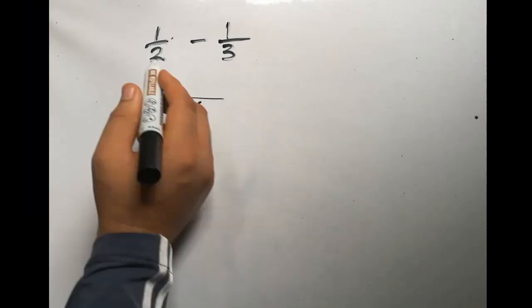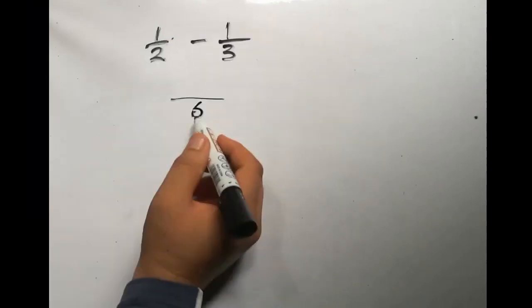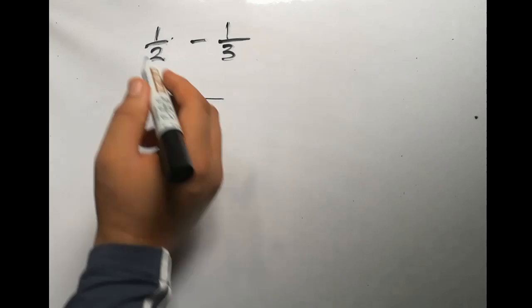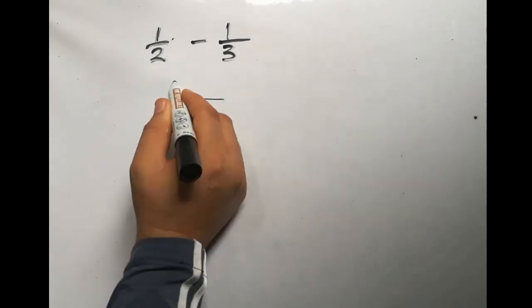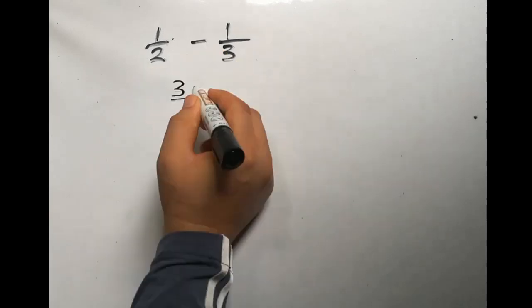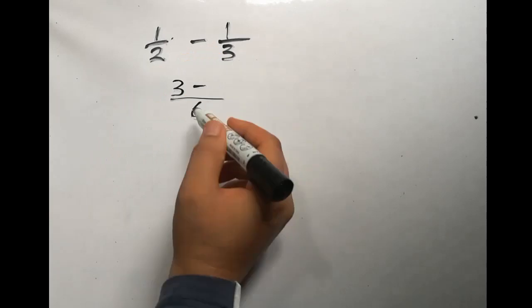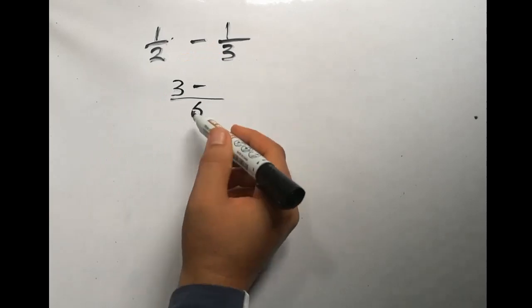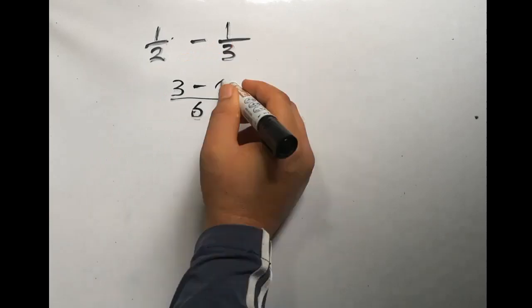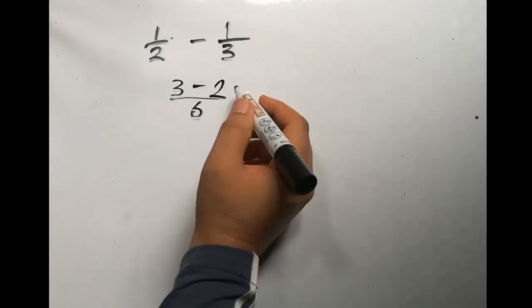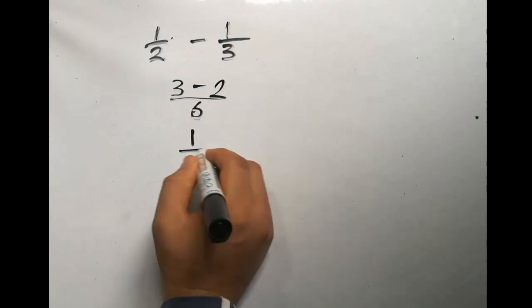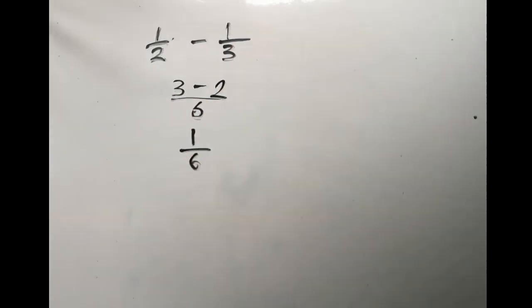So 2 into 6 will give you 3. 3 times 1 will be 3. You bring down your minus sign. 3 into 6 is 2. 2 times 1 is 2. 3 minus 2 is 1 over 6. That is the answer.